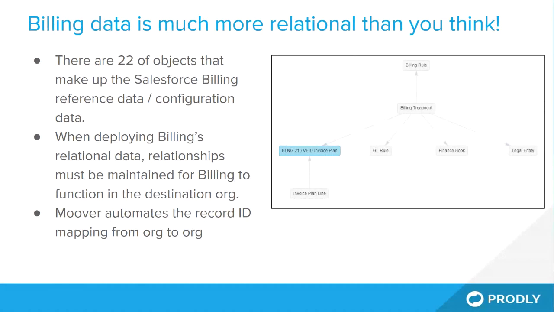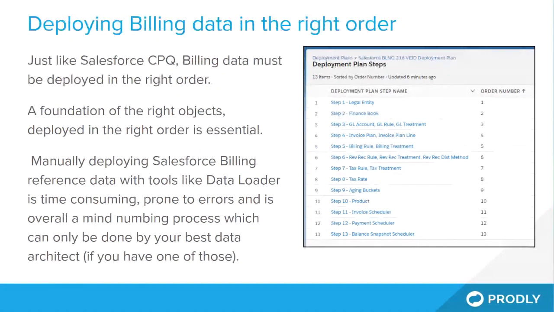So this is also another thing that may not be known. If you try to deploy billing data on your own, not only do you have to deeply know and understand the schema in which objects need to be deployed first, but you also have to choose and understand which data actually needs to be there first. It's not just about the relationships.